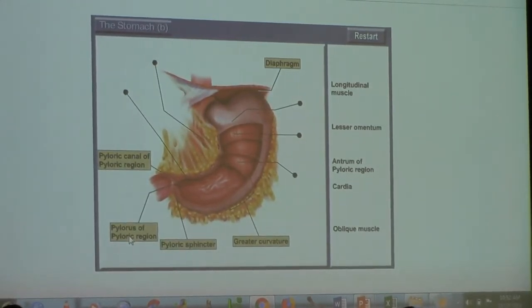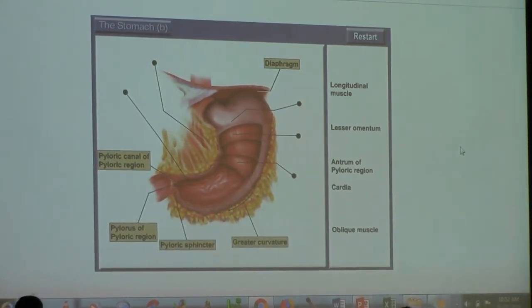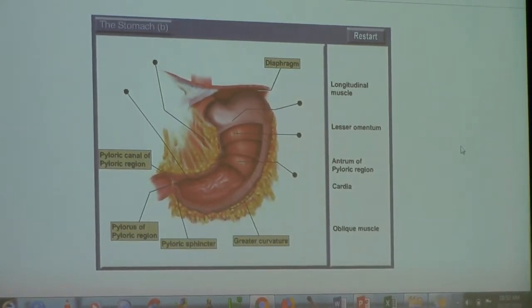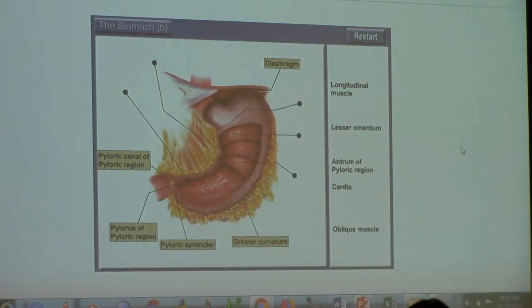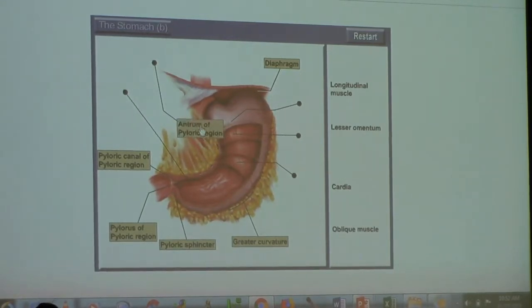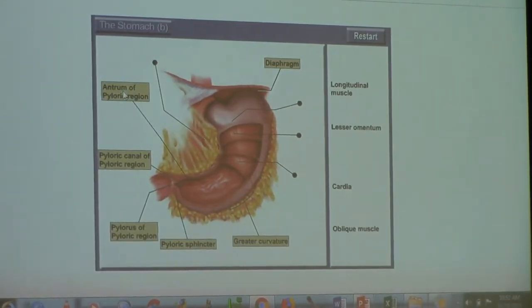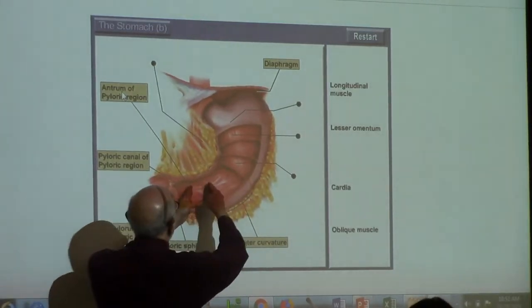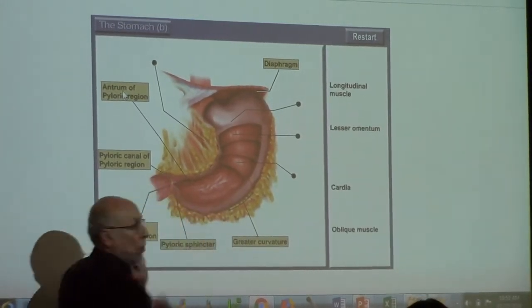Okay, who's got the, yeah. So the antrum is the region, so we have the antrum, the pylorus, and the pyloric sphincter.